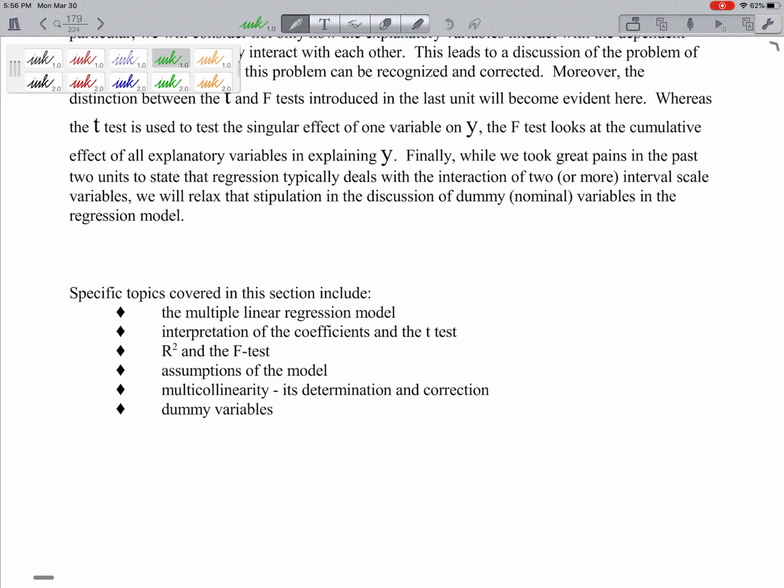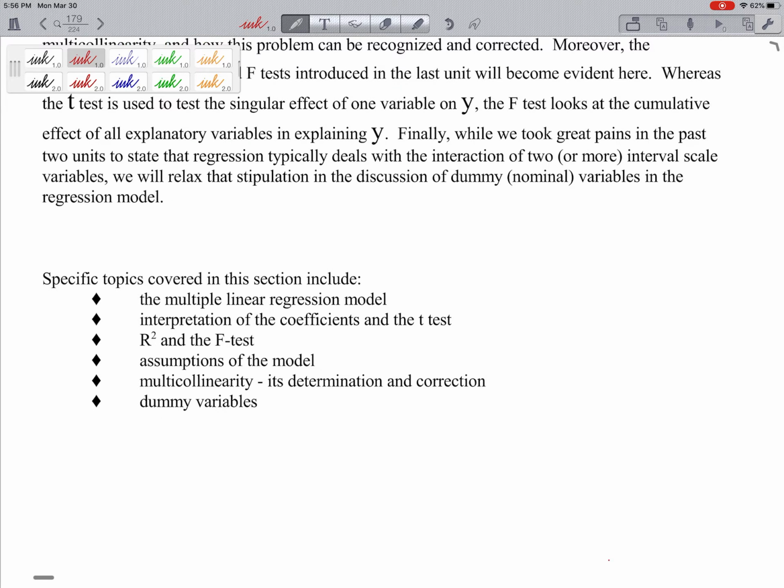We're going to look at the multiple regression model, and then how you read the tables, the interpretation of the coefficients in the t-tests. We'll look at the r-squared and the f-test, the assumptions, and then two really important concepts which we really haven't covered in simple linear regression.